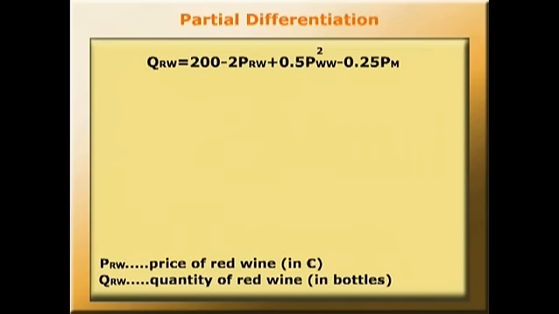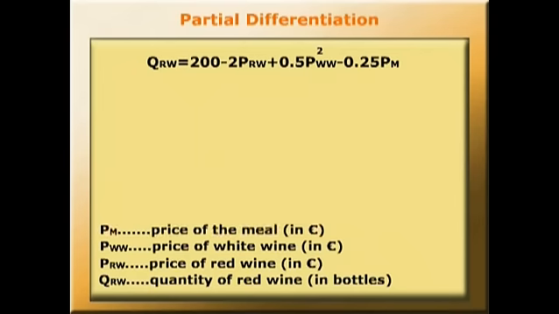PRW is the price of the red wine in euros. PWW is the price of white wine in euros. PM is the price of the meal in euros.